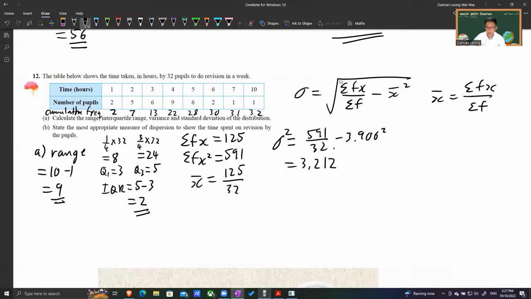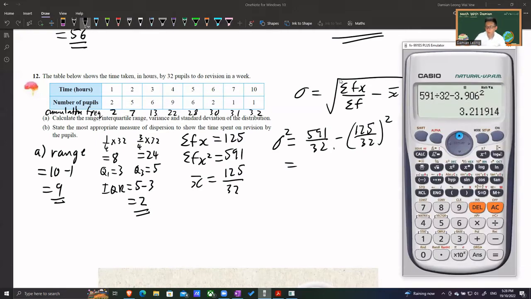So actually it's best to use the exact number. Yeah, best not to round it off. If it's a non-rounded value, it's better not to round it off.